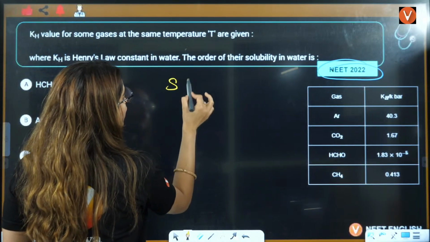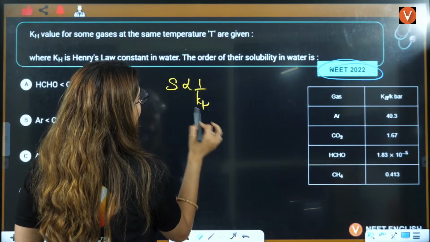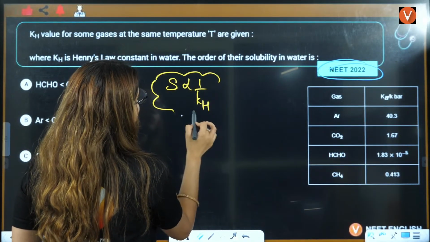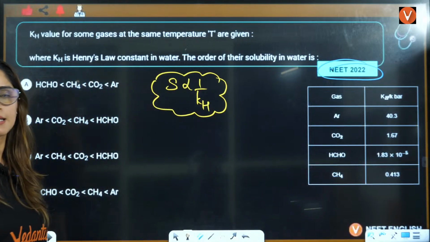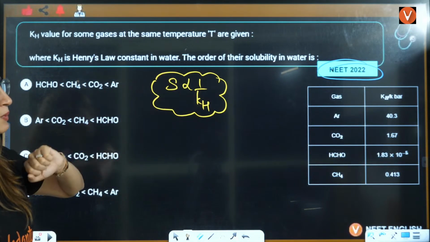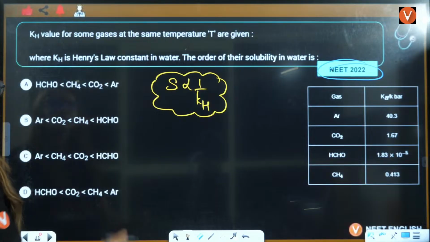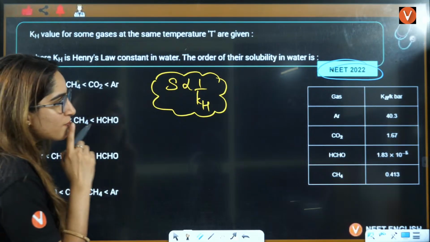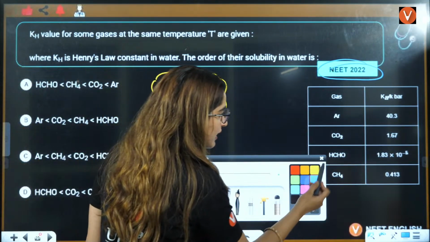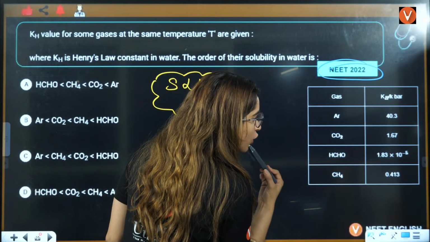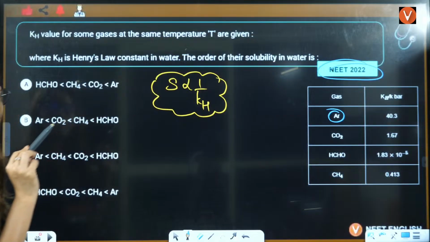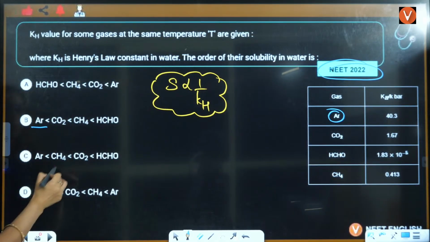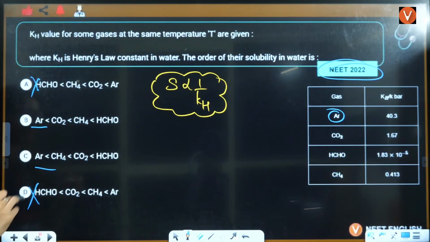We know that solubility is inversely proportional to KH, right? Can I write here that the maximum value of KH is going to be argon, that is going to have minimum solubility? This is eliminated, this is eliminated.